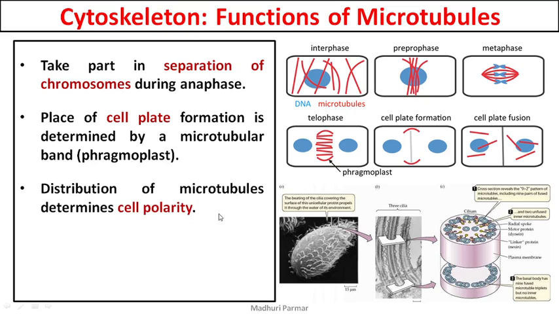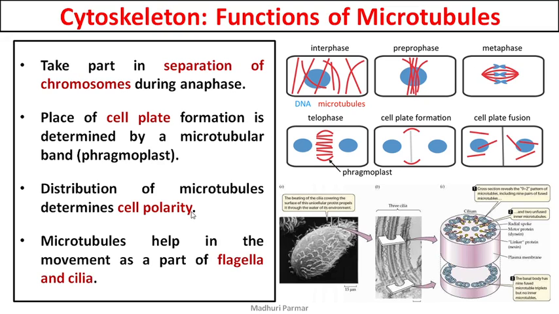Then the distribution of microtubules determines the cell polarity, and microtubules help in movement as part of flagella or cilia. For example, this here is a unicellular organism, a protist, which has a lot of cilia, as you can see. When you take a cross section of that one cilium, you will find such a structure.